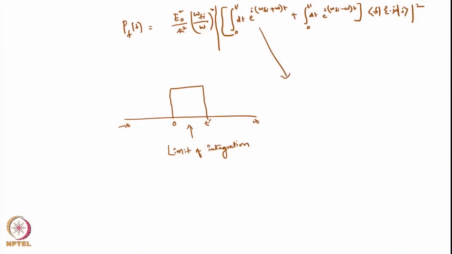If that is non-existent, then without losing any physical concept, this integral can now be written as integral dt from minus infinity to plus infinity of e to the power of I omega fi plus omega t, and this integral can be written as integral dt from minus infinity to plus infinity of e to the power of I omega fi minus omega t. Now, this is a case of adding zeros.